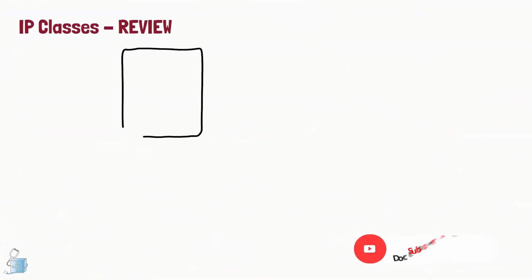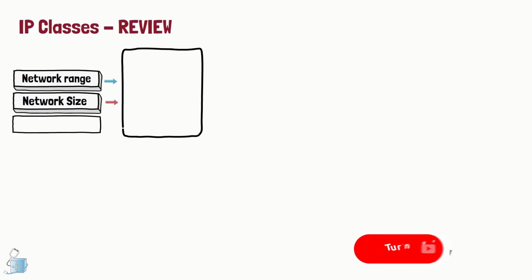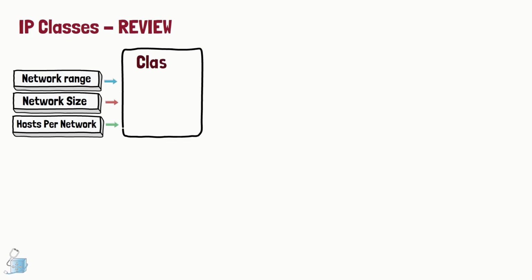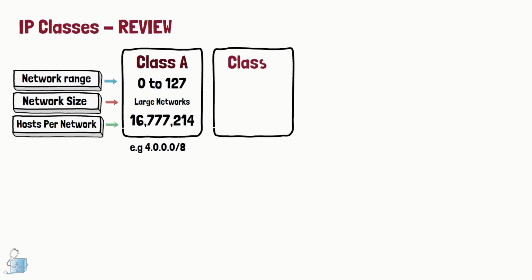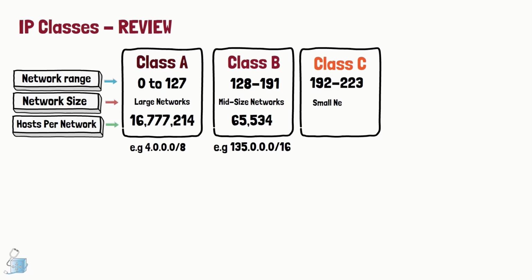Now, to understand public and private IPv4 addresses, let's have a quick look at the IPv4 classes. The IP addresses have been classified into 5 classes. Class A addresses were intended to accommodate very large networks, Class B for medium-sized networks, and Class C was intended for small-sized networks.